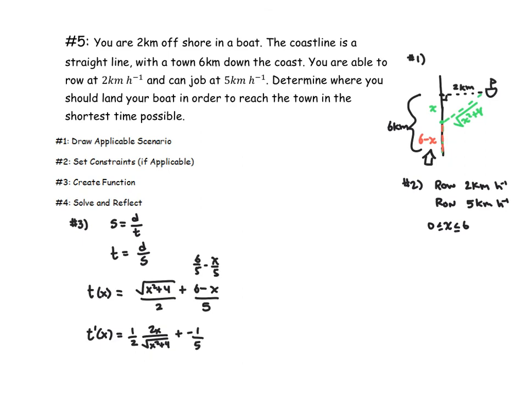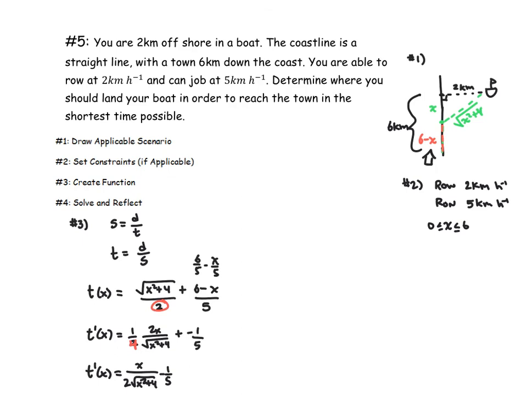Yeah, I did. I forgot this too, so this would actually make this 1/4. All right, so let's keep rolling. So t prime of x would actually equal, I'm going to reduce this, x over 2 square root of x squared plus 4, minus 1/5. We're going to set that equal to 0.